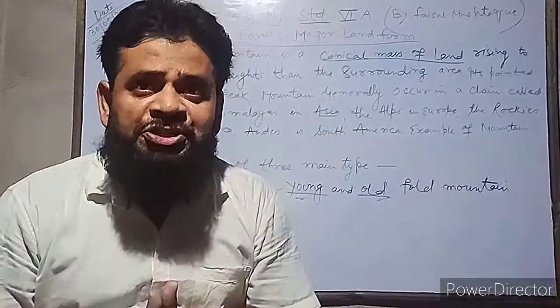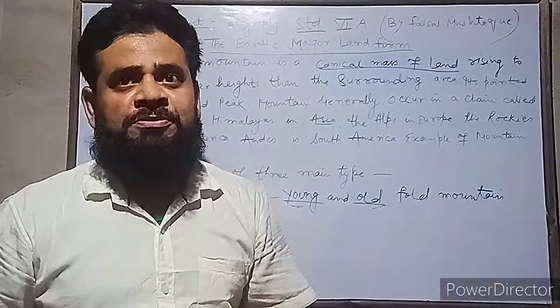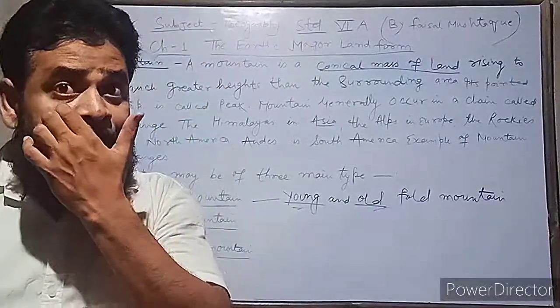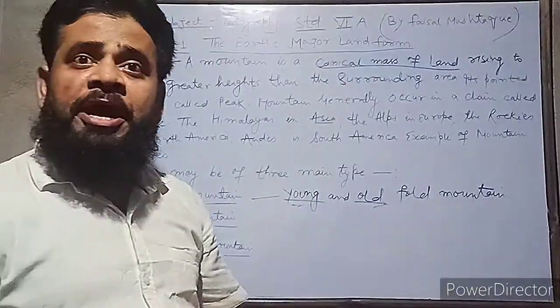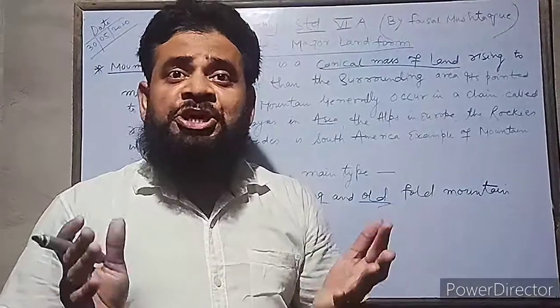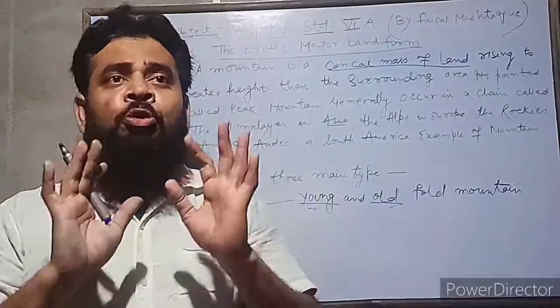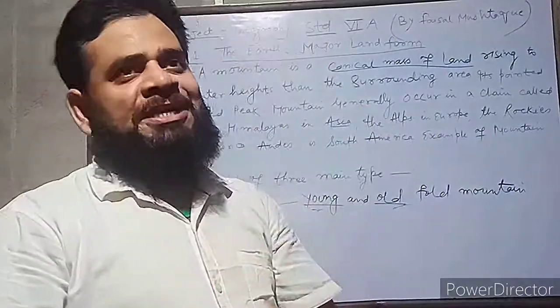The Aravalli range is the oldest range of the old fold mountains in India. They were formed long ago. They are lower than the young fold mountains. These old mountains don't have pointed peaks due to erosional activities.